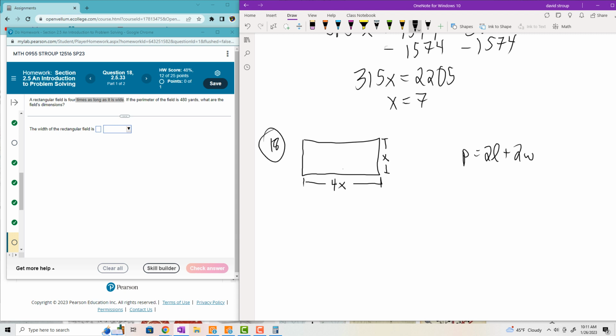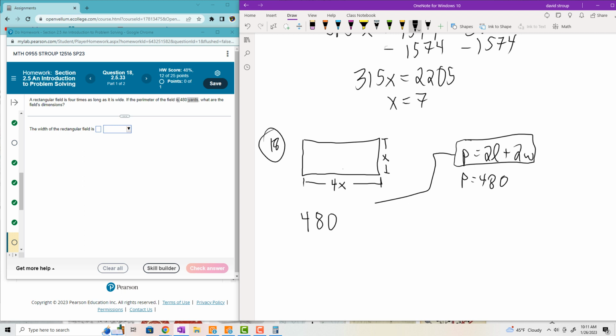All right, now we're going to take that information and put it into the perimeter formula because we know the P value here is actually 480. That's also given in the story problem here, okay, 480 yards. So what I'm going to do then is use this equation and substitute in all these unknowns. So I'll have the perimeter, which is 480.